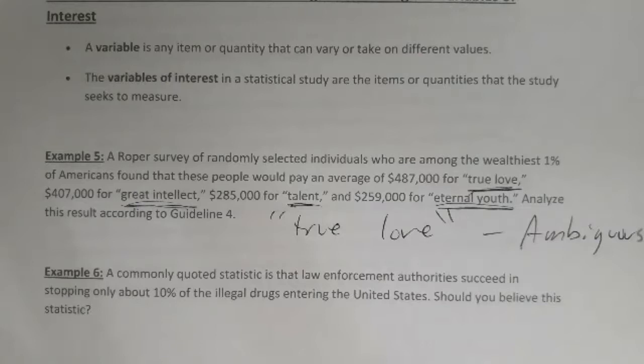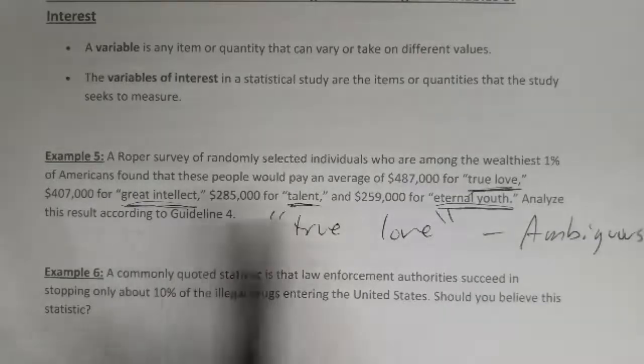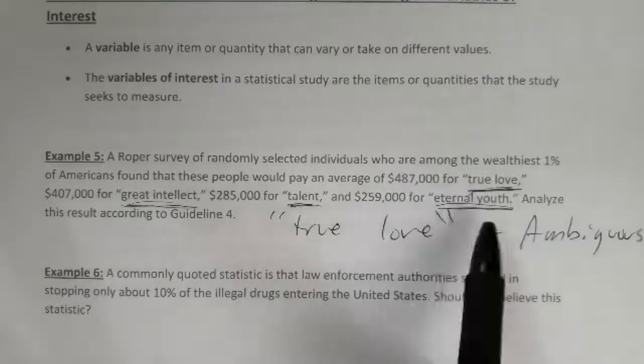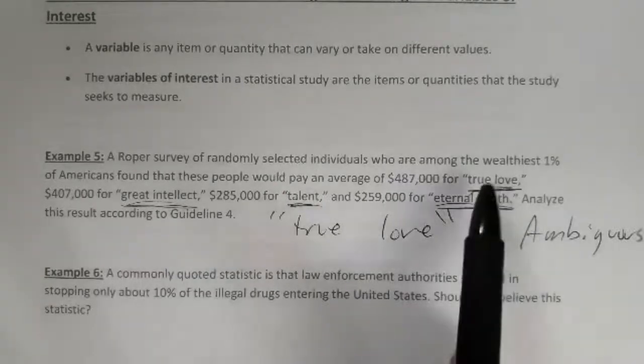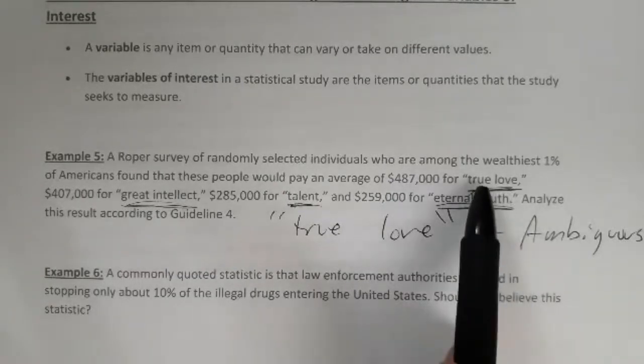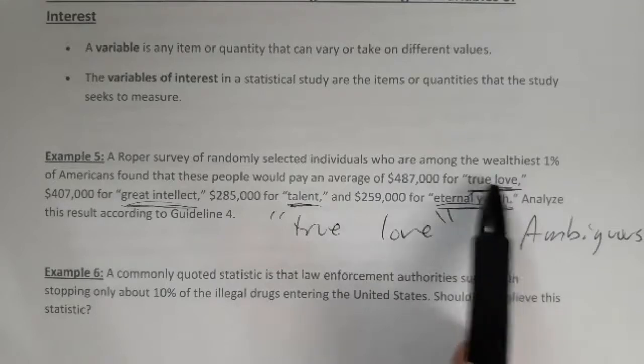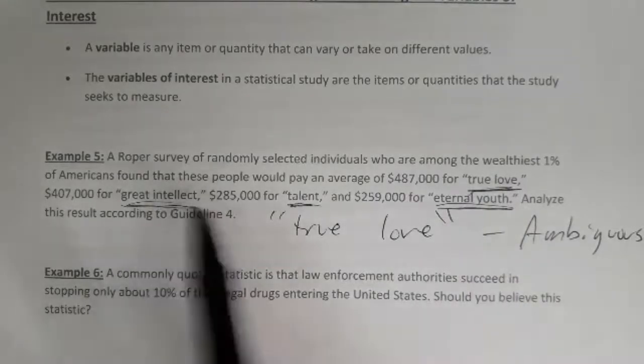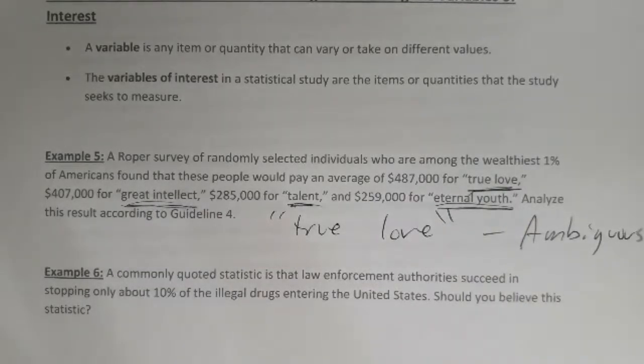What they're seeking to measure is the value of these things and how these people valued them, right? But the problem is that one person's definition of true love may not be another's. One person's definition of great intellect may not be another's. So we could be talking about very different things when we talk about talent. I could be talking about balancing a cue stick on my hand, and you could be talking about learning how to play the guitar.